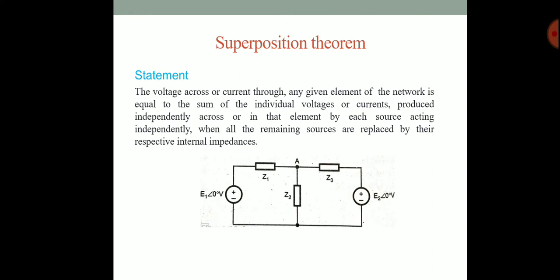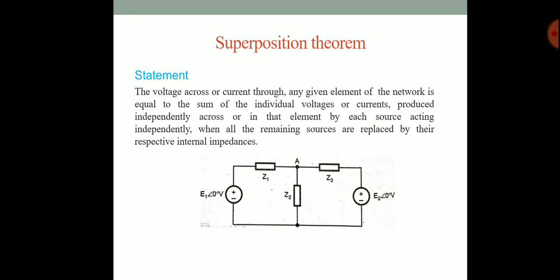It has two voltage sources, E1 and E2. The calculation of the current in branch A to B of the network using the superposition theorem. First, according to the superposition theorem, consider each source independently. Let the source E1 be acting independently.